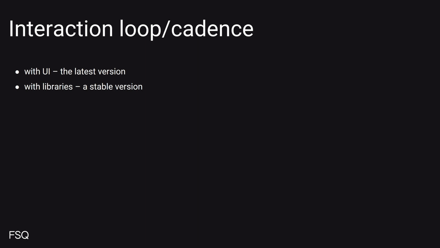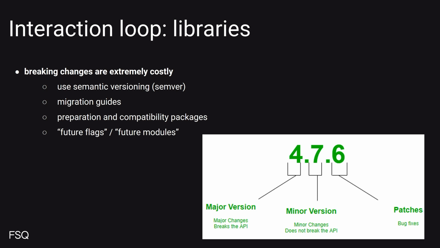There are definitely a couple of different strategies for how you can go about it and give a heads up to the users by using semantic versioning, so you can signify, hey, this is the level of changes that we are introducing. You can also prepare them by using migration guides and compatibility packages. And one thing that we are actually considering is using future modules.